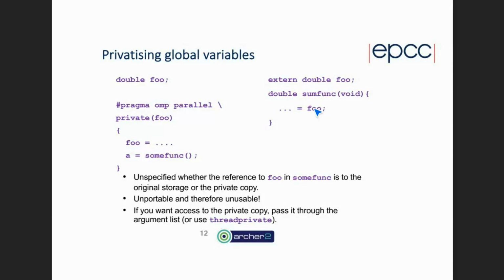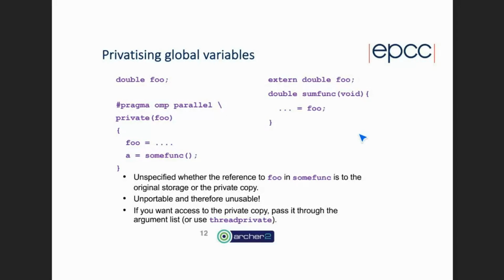And the problem is, what does this foo refer to? Is this foo the original storage in the global variable, or does this foo refer to the private copy? And the answer is it could be either. So if that makes a difference, then this is a problem.